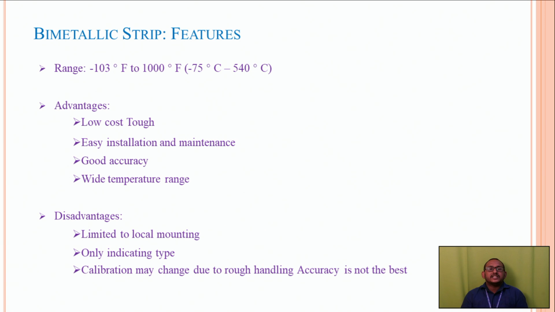And the features of the bimetallic strip: the range is it will be measuring from minus 103 degrees Fahrenheit to 1000 degrees Fahrenheit. That is, in case of Celsius, minus 75 degrees Celsius to 540 degrees Celsius, we are using the bimetallic strips.